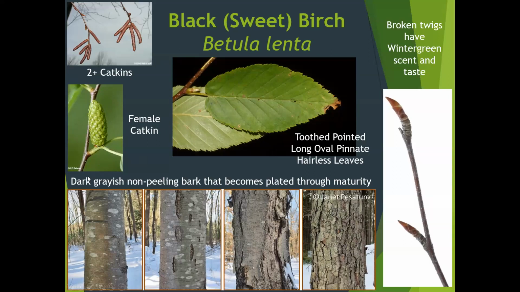The leaves are more egg-shaped, but they're more oval. They're longer. They're not as egg-shaped as the paper birch. They're still toothed, and they're hairless leaves, so there's no texture to them on their surface. And the bark on black birches is very different from the other birches because it doesn't peel.